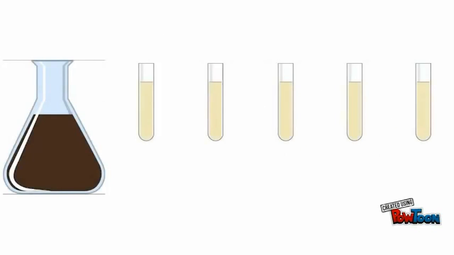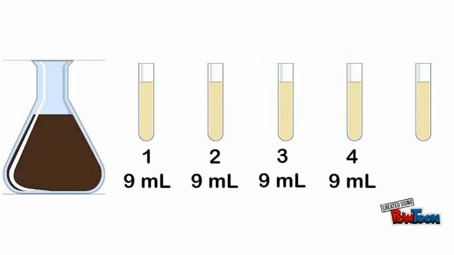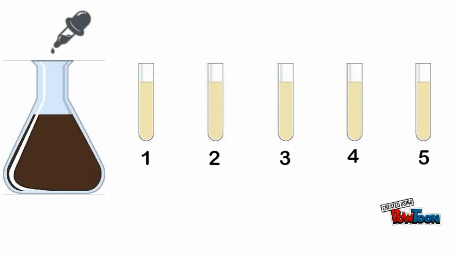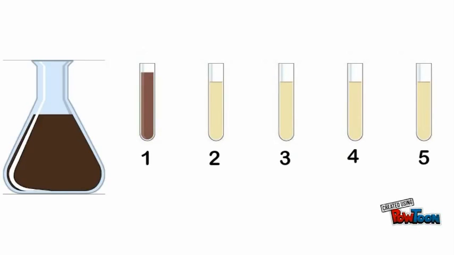Before starting the serial dilution, a flask or beaker which contains the stock solution must be readied, as well as, in this example, 5 test tubes which each contain 9 ml of diluent. Each test tube must be labeled accordingly. From the flask, get 1 ml of the stock solution and mix with the diluent in test tube 1, acquiring a total volume of 10 ml.